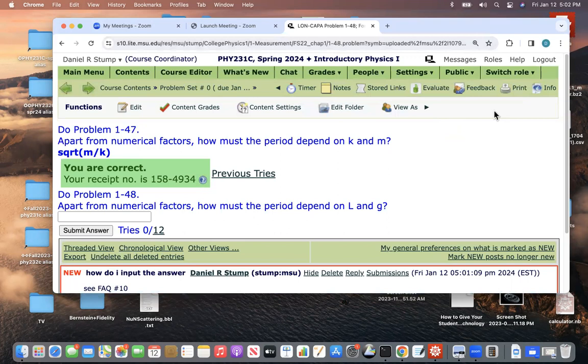Anyway, 2 pi won't be understood. If you read FAQ 10, you always have to put a multiplication sign if you're multiplying two different numbers. So if you tried 2 times pi times the square root of m over k, that'd be more or less correct, but it's not apart from numerical factors, so that probably wouldn't be correct.